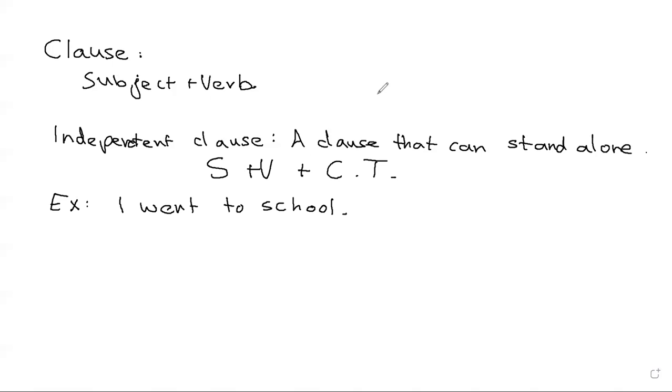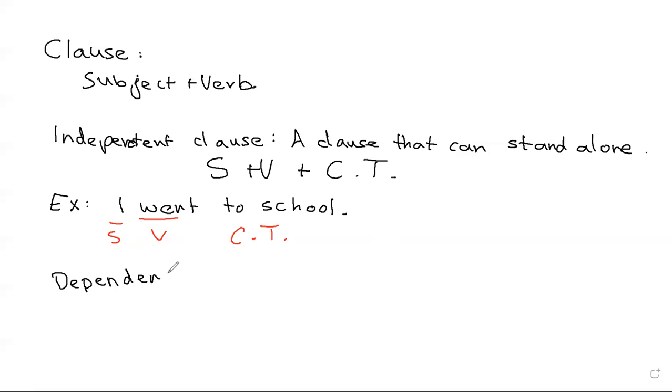There's a subject, there's a verb, and this is completely understandable. So there's also a complete dot. Now we go on to a dependent clause, and that's the second and only other type of clause that we have.